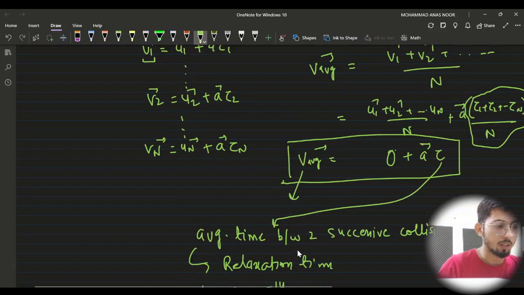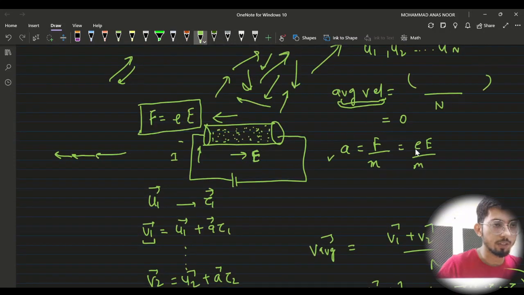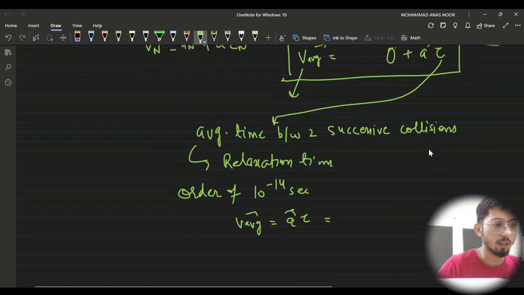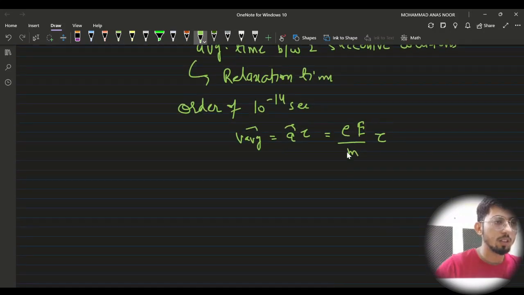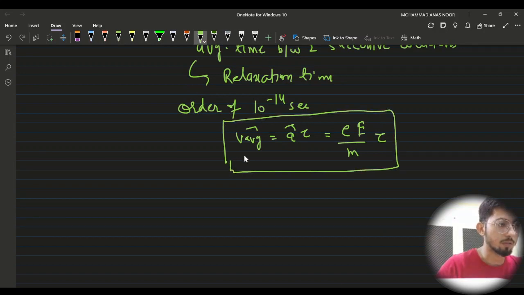and you can replace this A with small e capital E by m, times tau. So V average is E tau upon m, this is a very important formula. And this is called drift velocity.